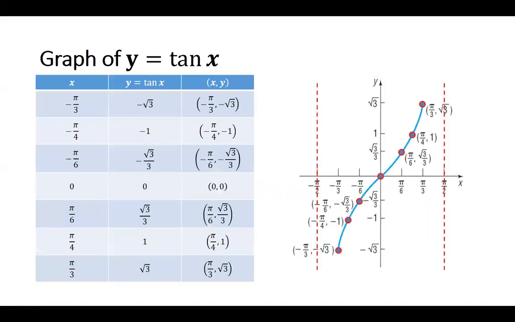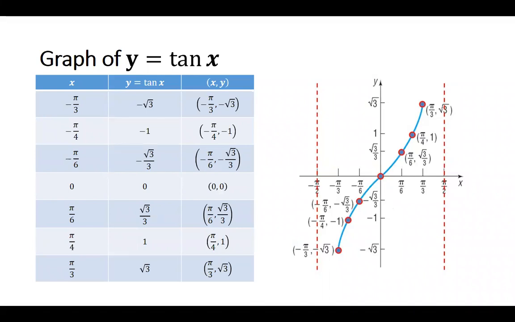So first, the graph of y equals tangent x. I know this is showing a lot of stuff here, but basically what we're seeing is that at negative pi over 2, there is a vertical asymptote, and at pi over 2, there is a vertical asymptote. It passes through the origin. And in between negative pi over 2 and pi over 2, it starts at negative infinity and goes to positive infinity.